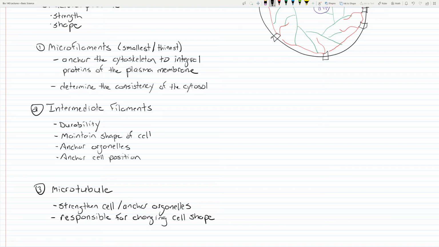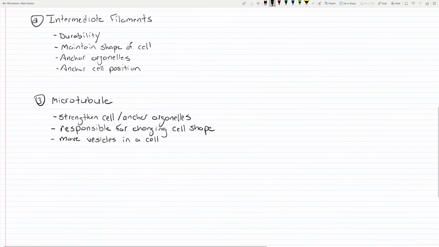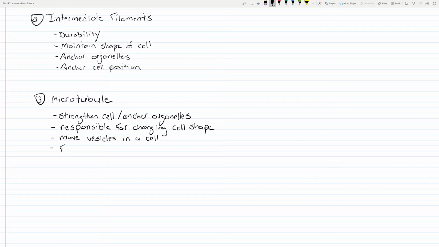They move vesicles in a cell. And they form this structure called the spindle apparatus.